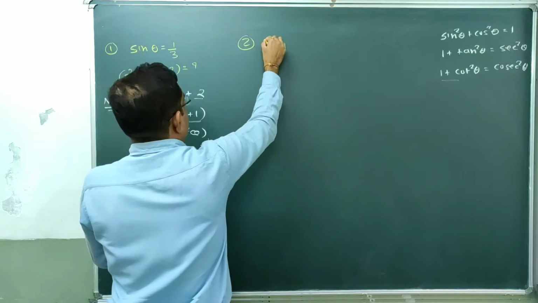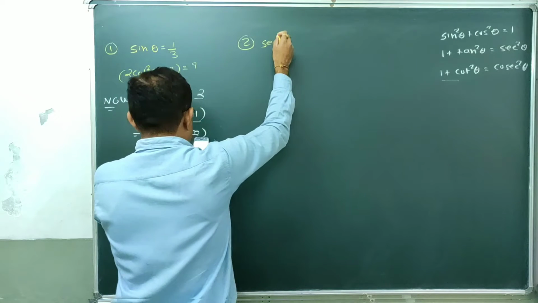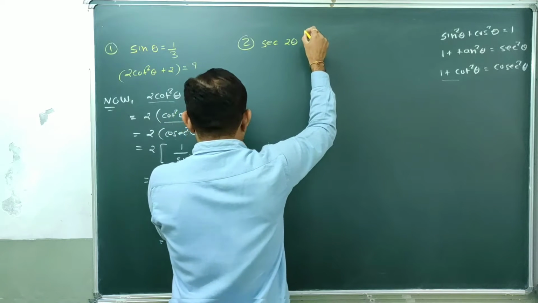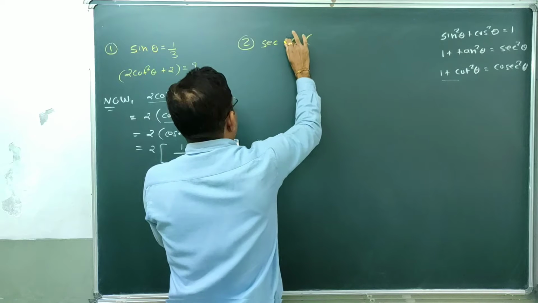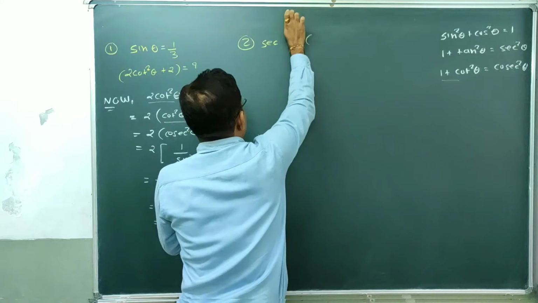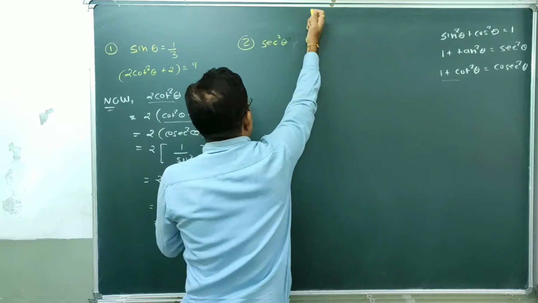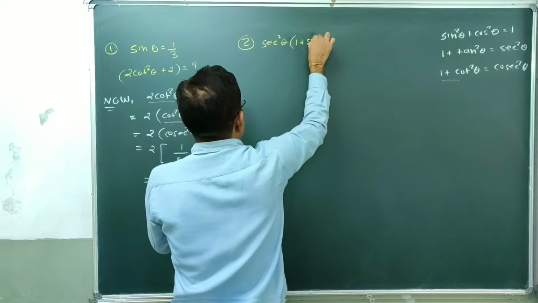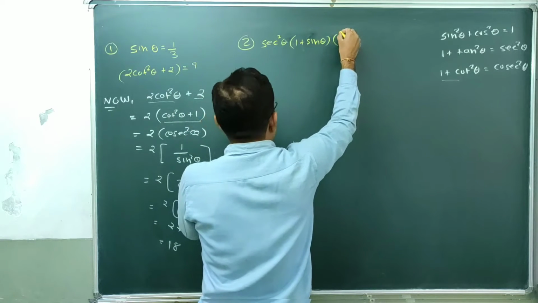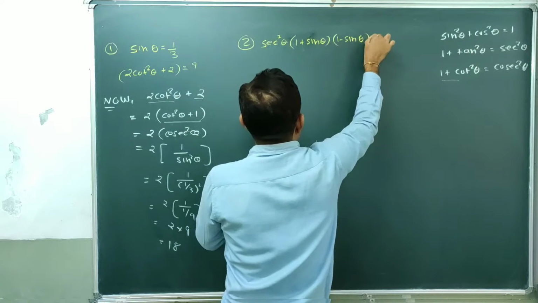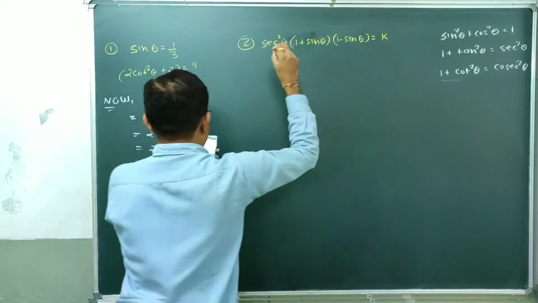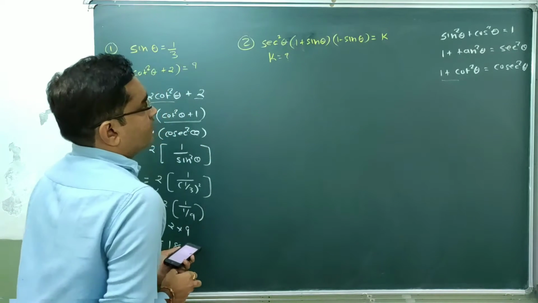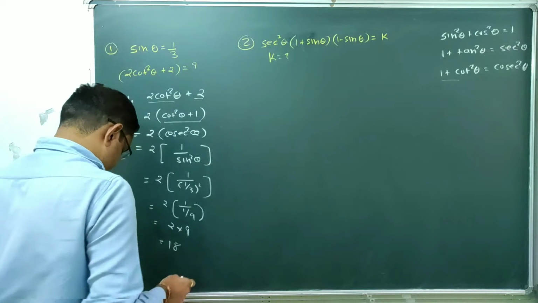If the value of sec square theta into 1 plus sin theta into 1 minus sin theta is equal to k, then find the value of k. There is a printing mistake in the question, it is sec square theta. Again, try to solve with the given expression.